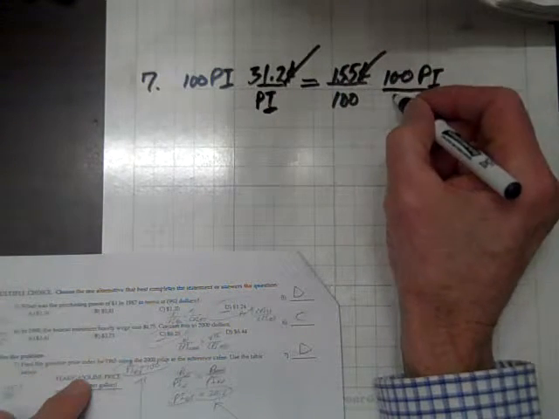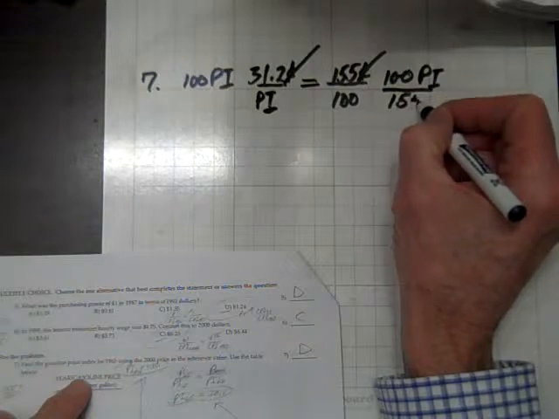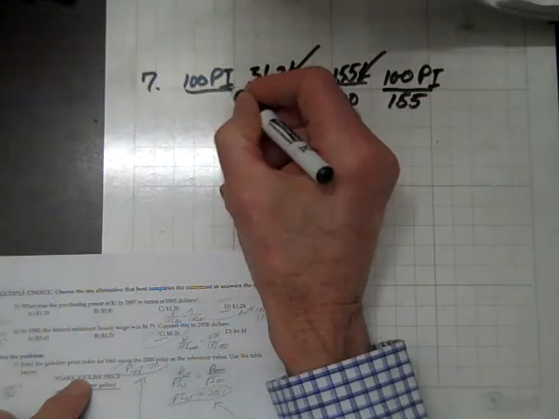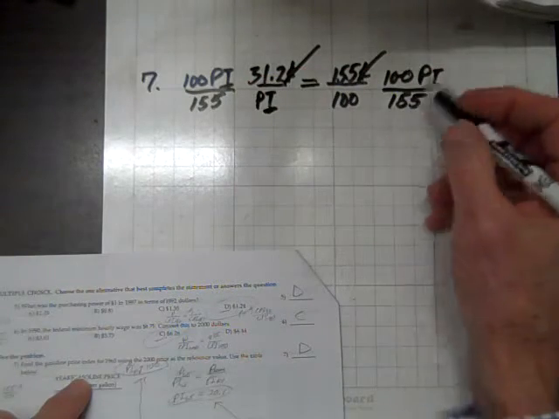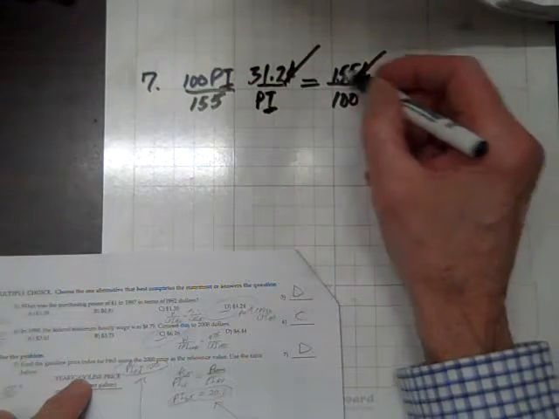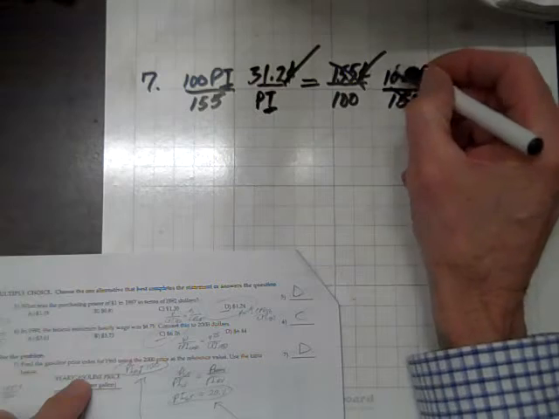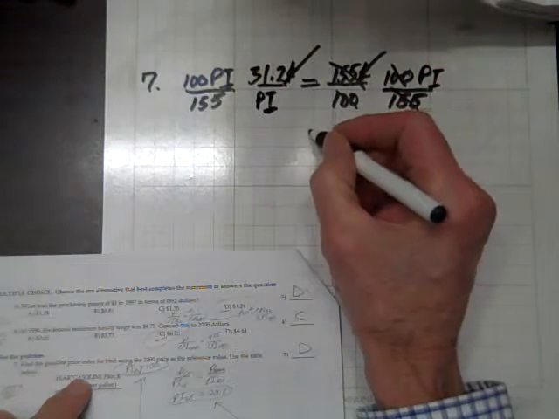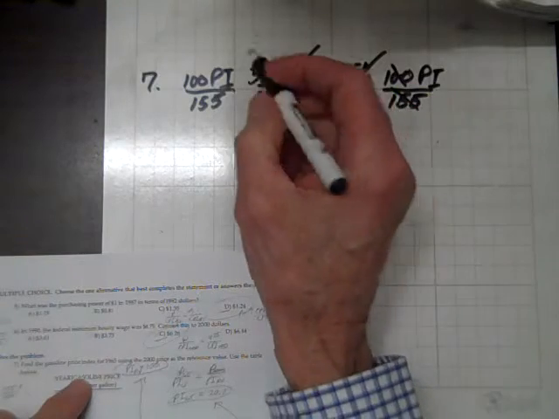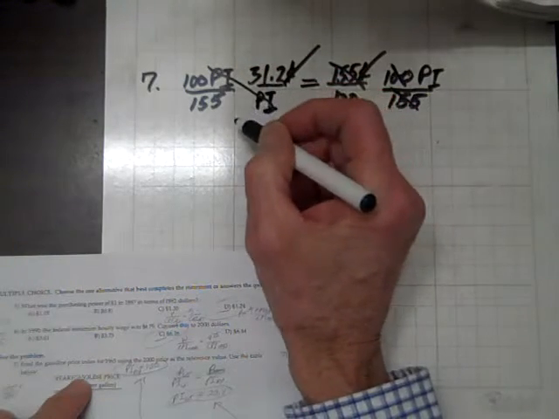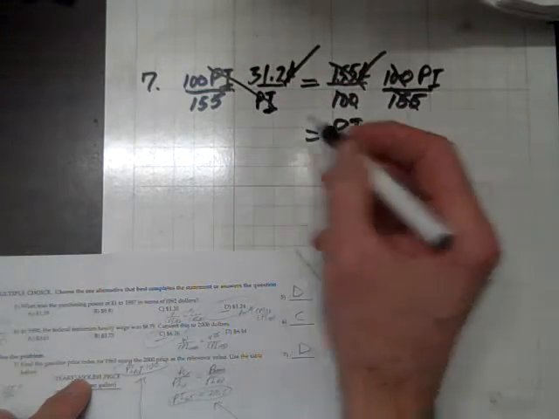So we'll divide both sides by 155. And now, on the right, the 155s divide out, the hundreds divide out, and we're left with P sub I. On the left, the P sub I's divide out.